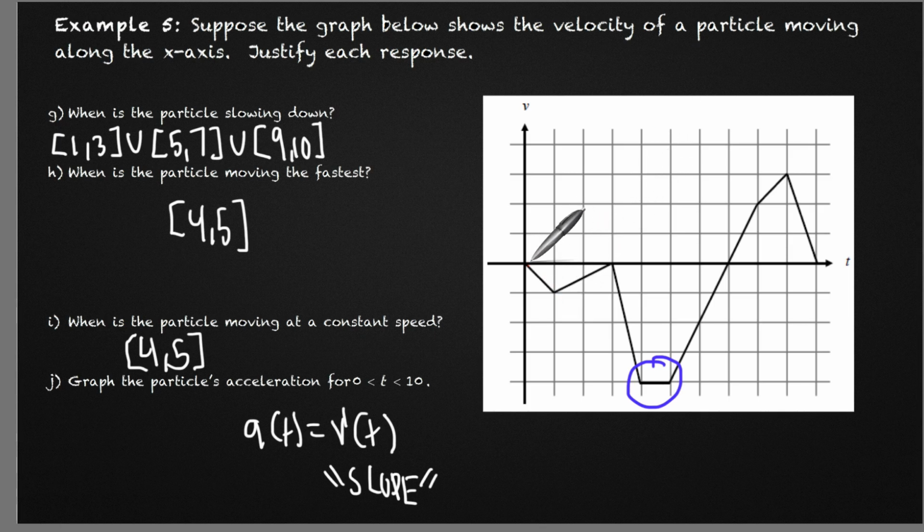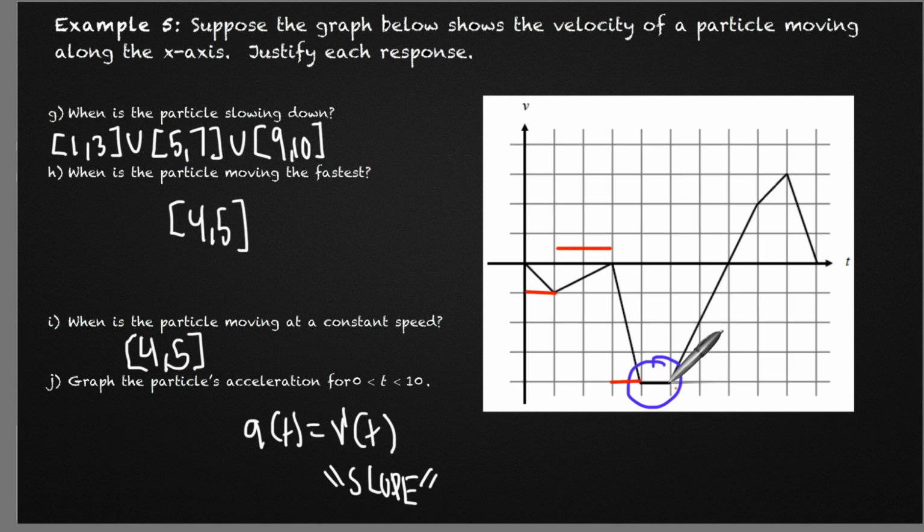Well, it looks like the slope here is -1, so we're going to graph a constant line of -1. Looks like the slope here is up 1 over 2, so it has a constant slope of 1/2 here, so we'll graph that. And then this has a slope of, let's say, 1, 2, 3, 4, down 4 over 1. So that's going to have a slope of -4. So we'll put a little line there.